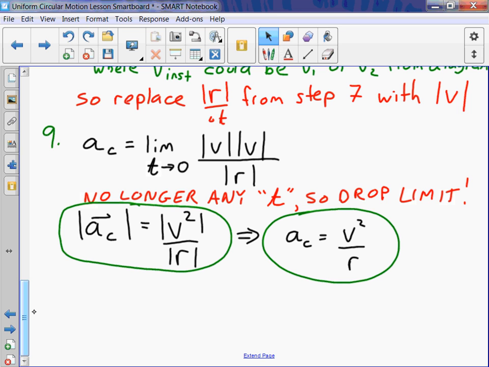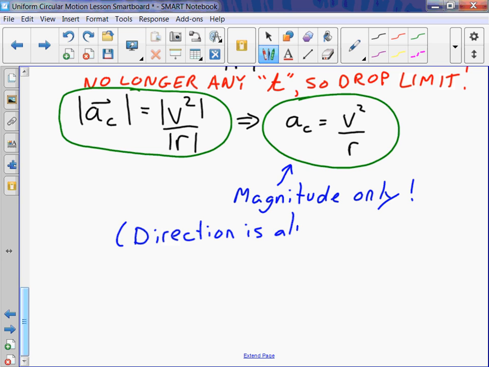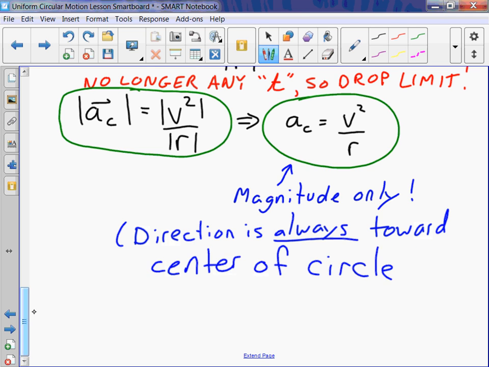That's the end of the proof. Let's just note that this is magnitude only. It's a hell of a lot of work to get v squared over r.